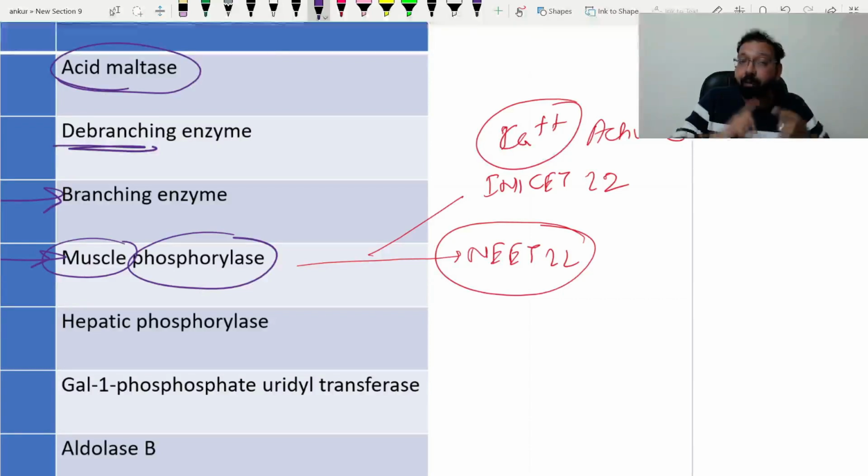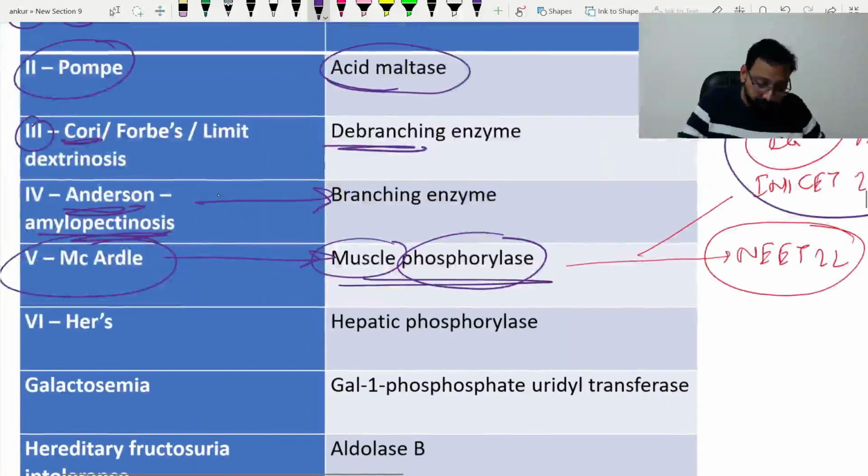Whenever you are running, muscle comes to know that now you will require glycogen, so nature thought it better to make calcium the activator of phosphorylase. Whenever you start exercise, calcium will be released from the sarcoplasmic reticulum. It will activate muscle phosphorylase and glycogen will be broken down to maintain energy. So calcium is the activator of muscle phosphorylase.